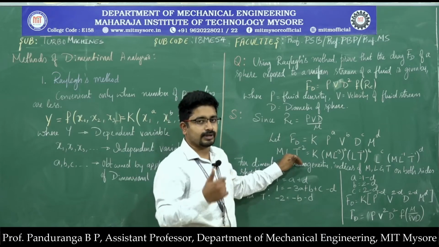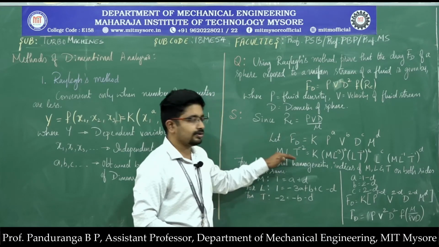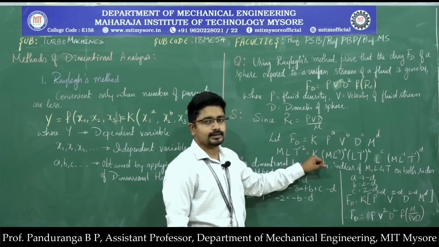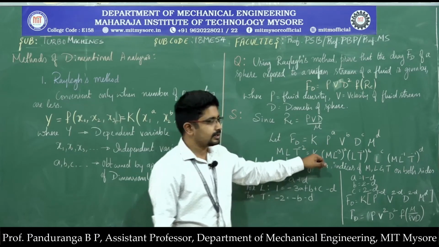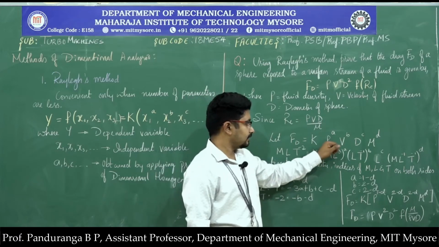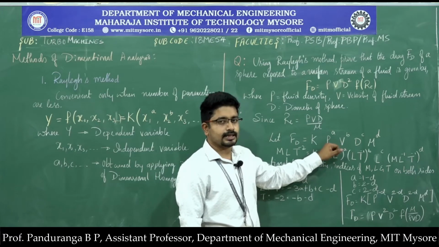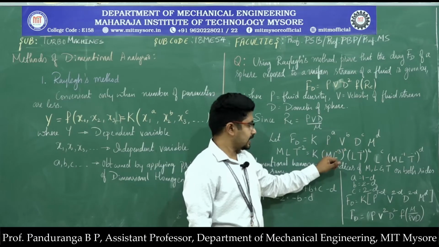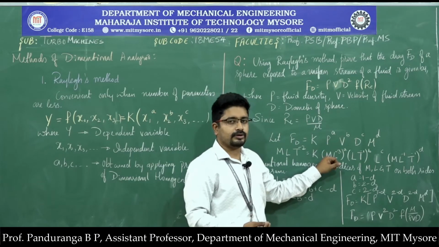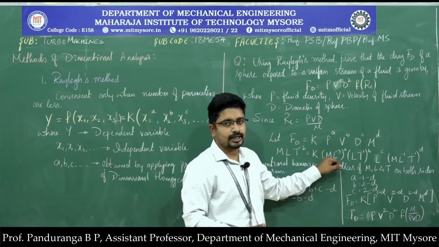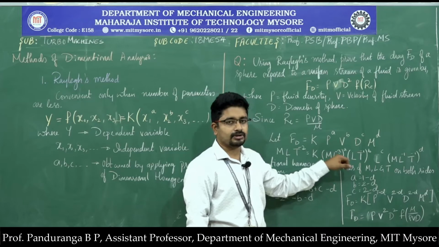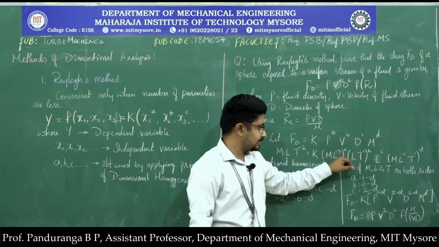So mass into distance by time square, that can be written as M L T to the power of minus 2. And k does not have any dimensions, it is a constant, so I will write it as k itself. Then rho, density, is kg per meter cube, so the fundamental dimension of mass is M, and for meter cube the length is L cube, so M L to the power of minus 3.